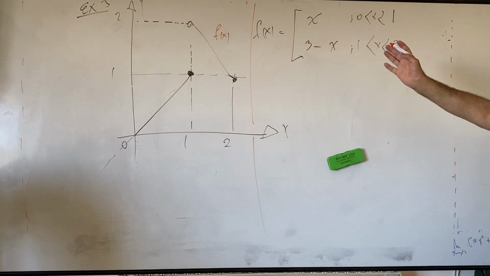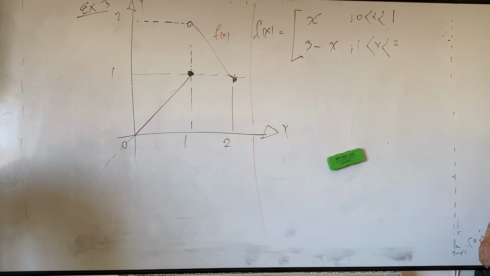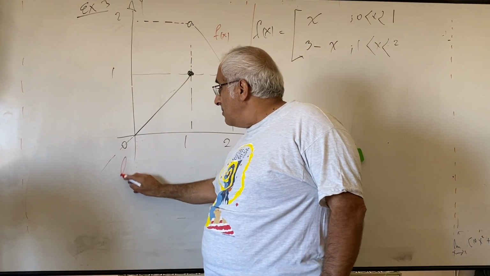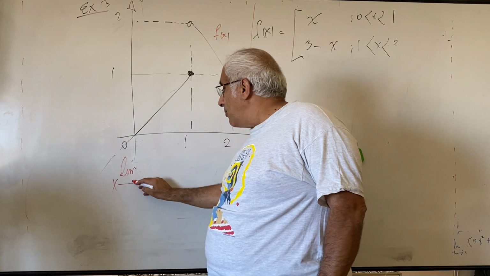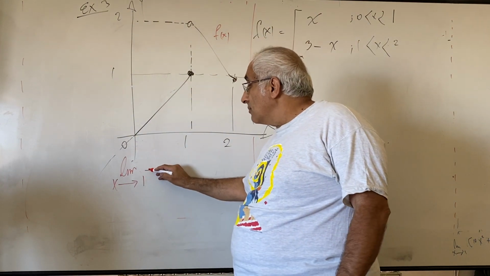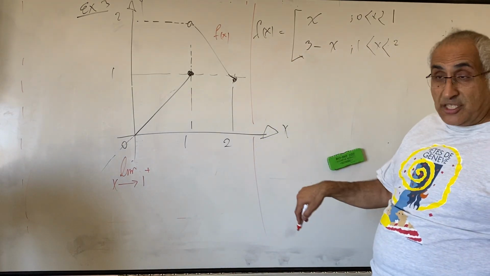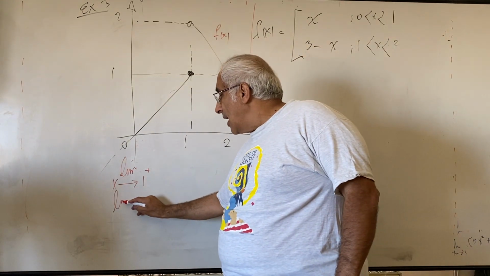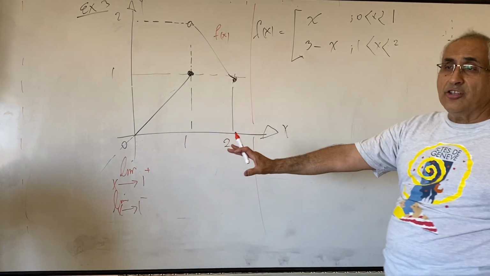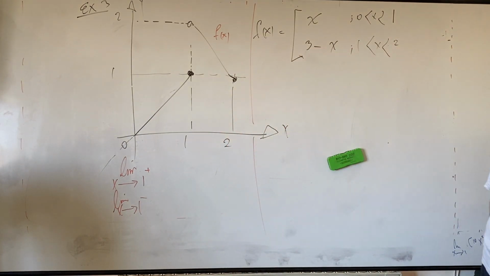Let me ask you a question, for example: what happens in this function as the limit of x approaches, let's say, 1 from the right? And the next question is, what happens as I approach 1 from the left? The same question will be asked here.